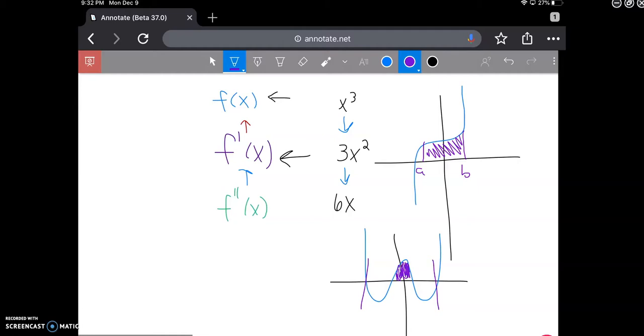The one on the left, we couldn't shade under it, because it would go on forever. So it has to be shaded in between the curve and the x-axis. And same here.